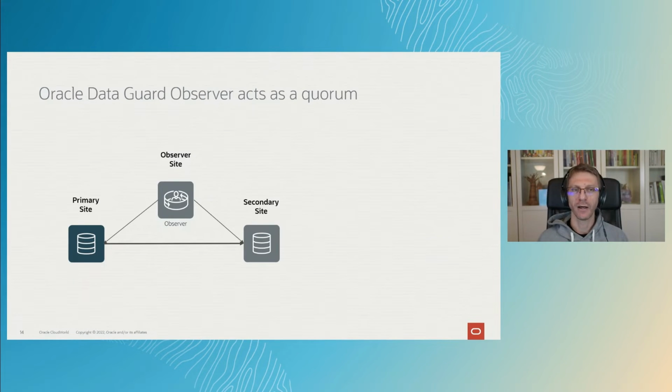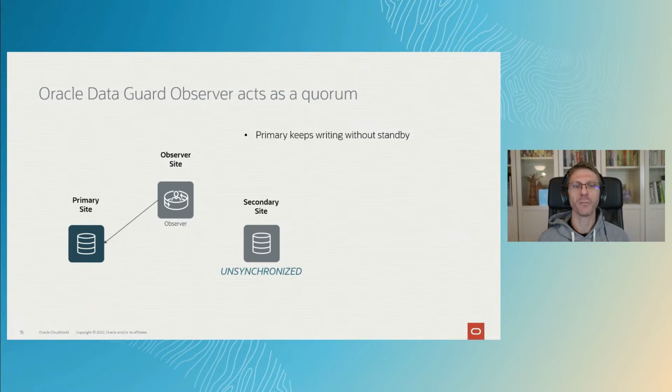And I will explain why. The observer acts as a quorum in this configuration. That means that, for example, if the primary and observer lose the connectivity to the standby site, the primary knows that the standby is not available, but knows that the observer is still connected to the primary. So the primary knows that it can keep committing without the standby database and knows that there is no split brain. So there cannot be a condition where the observer fails over to the secondary site because the secondary site is not available.